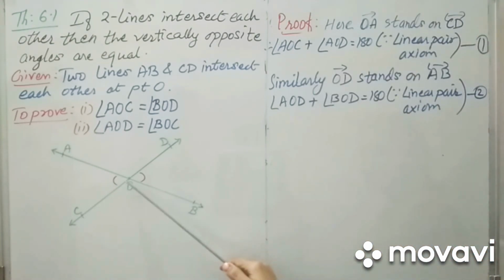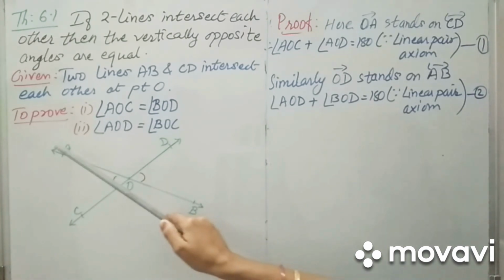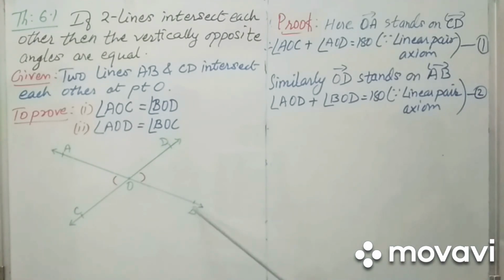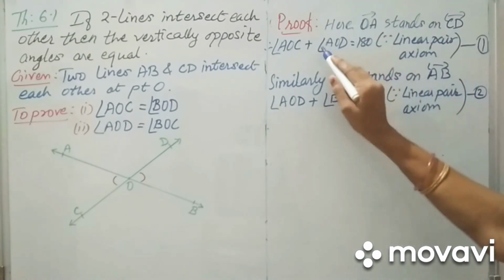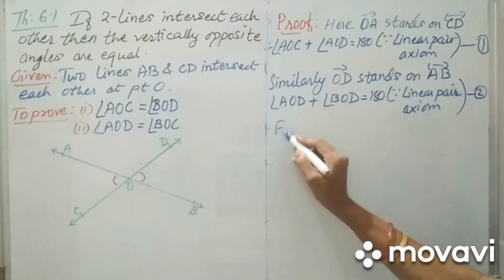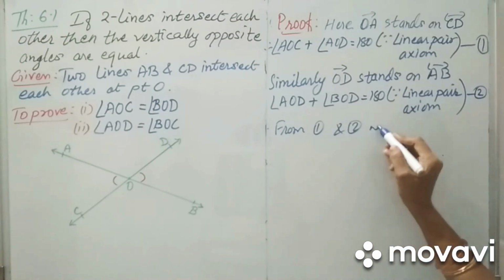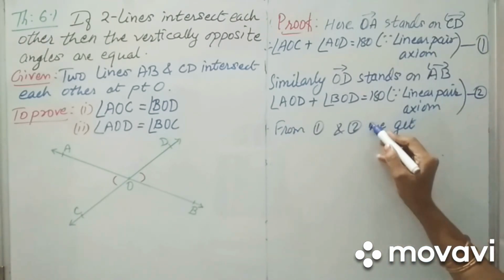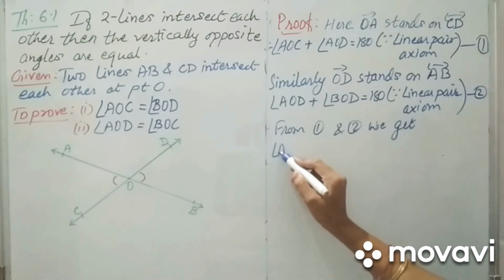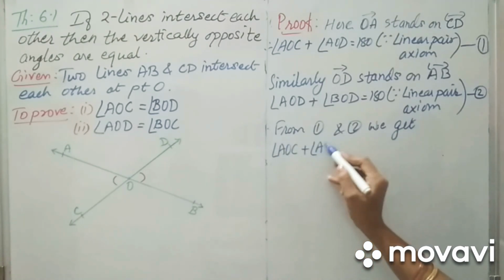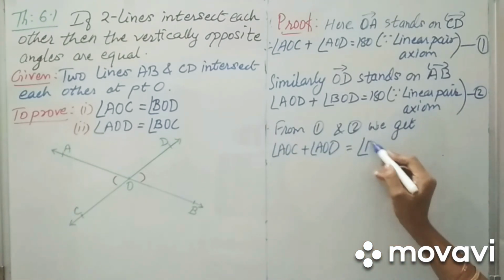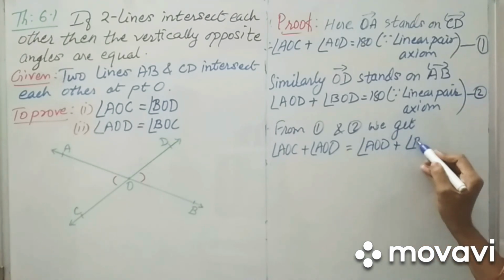Similarly, if we take ray OD standing on AB, then angle AOD plus angle BOD is equal to 180 degrees. Same axiom. So both are equal to 180 degrees. So from 1 and 2, what do we get? Angle AOC plus angle AOD is equal to angle AOD plus angle BOD.